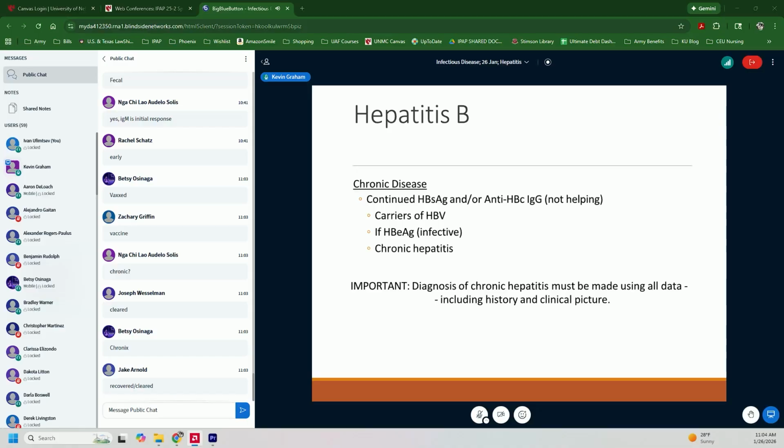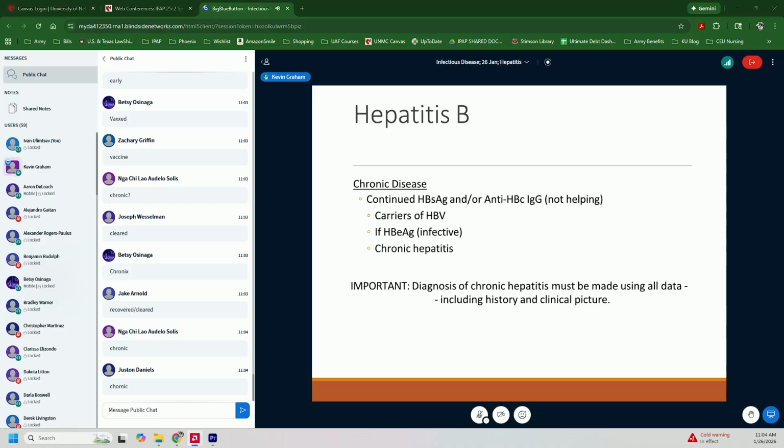Now let's say that we have core antibodies, but they're IgG along with the surface antigen. So IgG plus the surface antigen. What stage would that be in? Chronic, because it's still an infection. We still got surface antigen. That means it hasn't been killed off by the immune system, but it's not IgM.